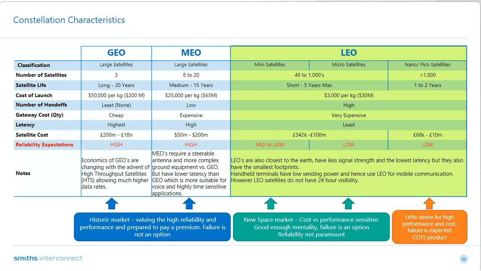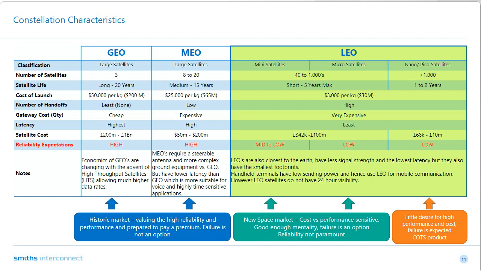Satellite costs in this category traditionally are lower than the GEO category, but the reliability expectations remain high. MEO satellites require a steerable antenna and more complex ground equipment, but have lower latency. Again, in this category failure is not an option. Suppliers value high reliability of performance on products in this bill of materials.